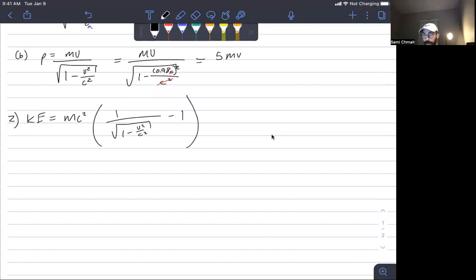Then we have to remember the mass of a proton: 1.67 times 10 to the minus 27.